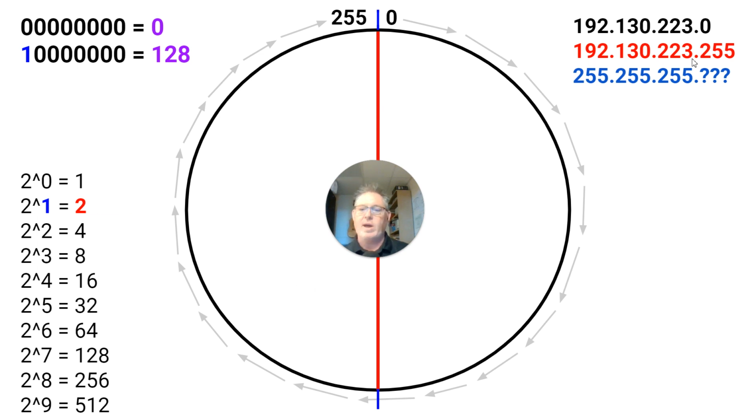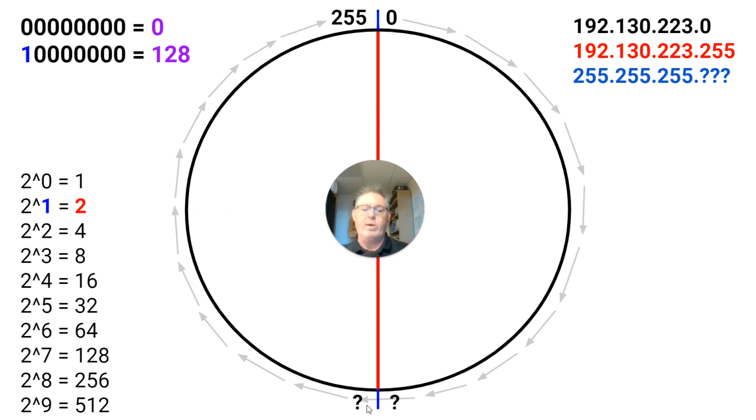So just look at how the math works out. One binary bit to the first power means we have two networks. And we have 7 zeros left over. So we're going to see we're going to have 128 host addresses in each one of the two networks.